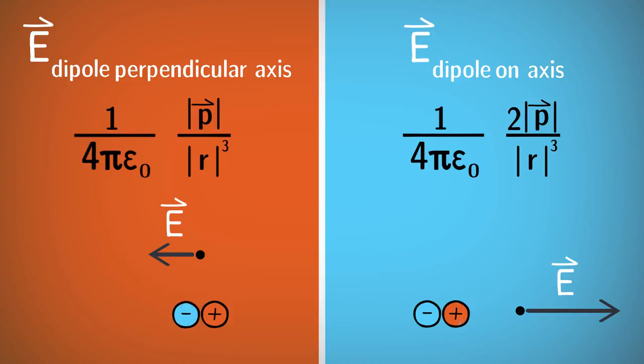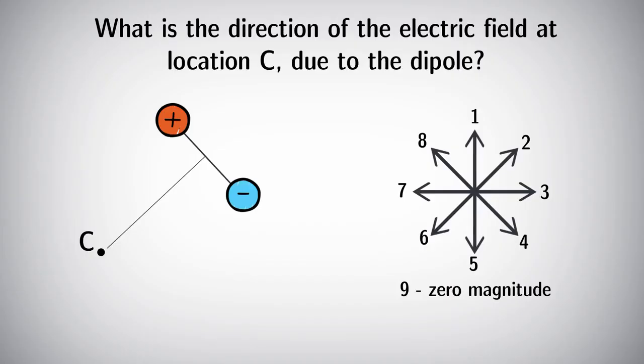Let's try to answer the following questions using the ideas we just discussed here. What is the direction of the electric field at the location C due to the dipole? The answer is number 4. Notice that the observation location is located on the perpendicular plane.